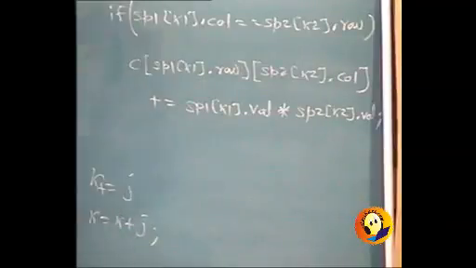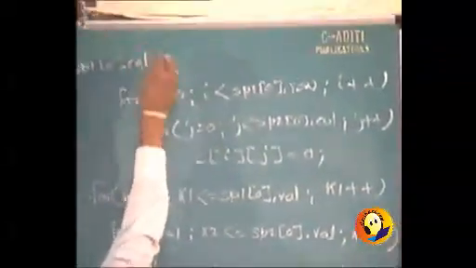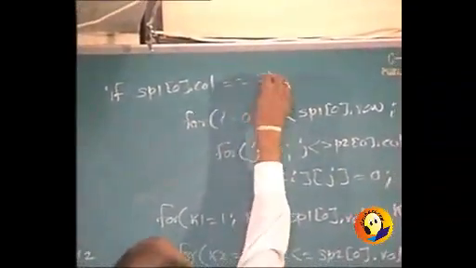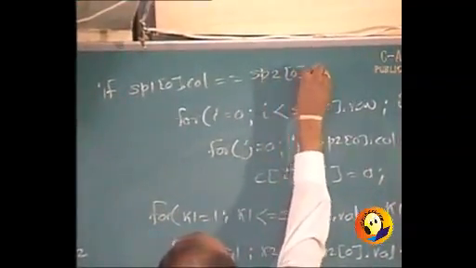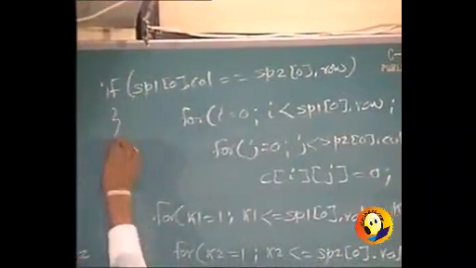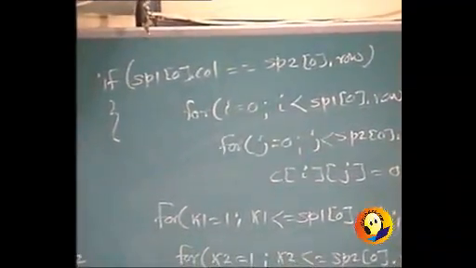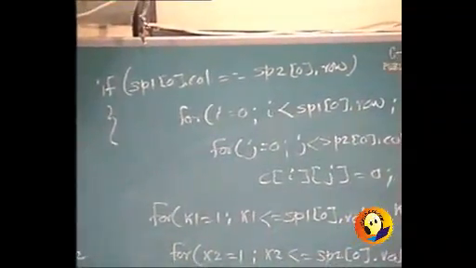Of course, this entire thing should be done only on the condition that if sp1 square bracket 0 dot column is equal to sp2 square bracket 0 dot row, number of columns of first one equal to number of rows of second. That is a primary condition to multiply two matrices. Then you can do all this job.